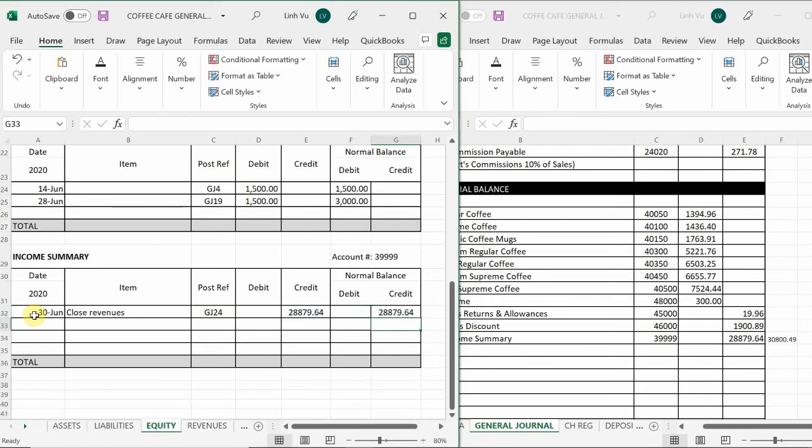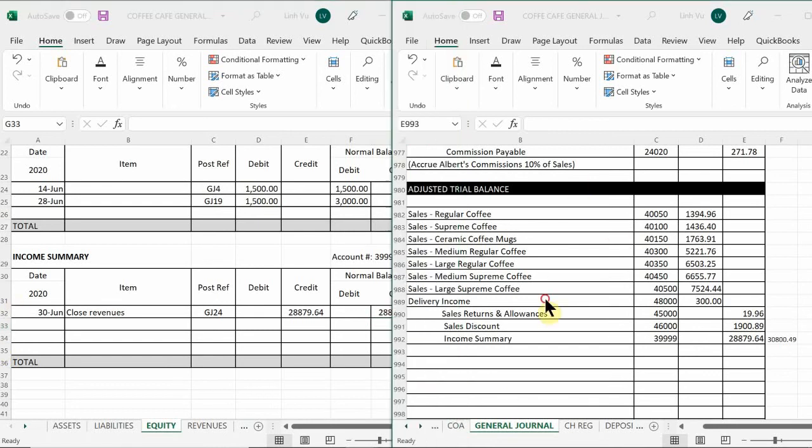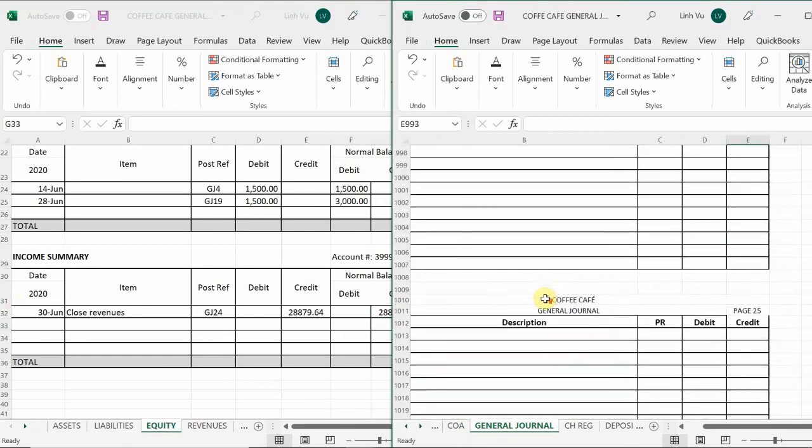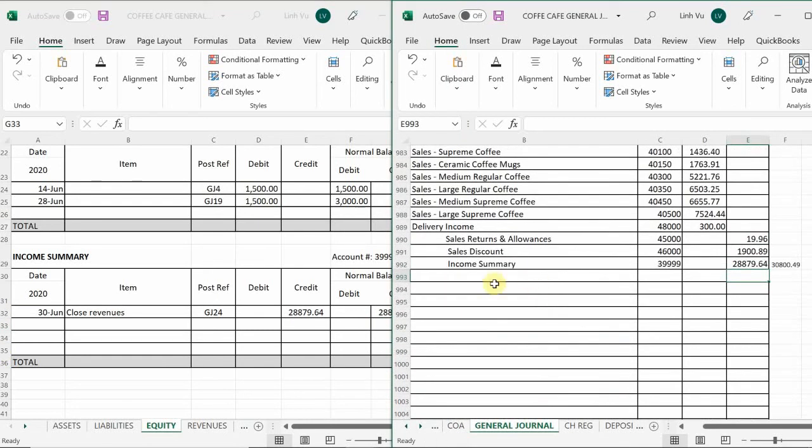There you go. So right now I have a credit balance. All right. Finish up your description by saying closing out revenues to income summary.